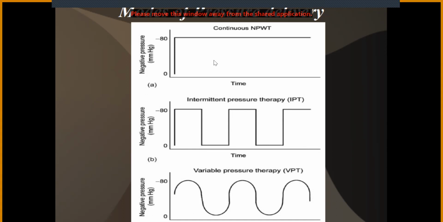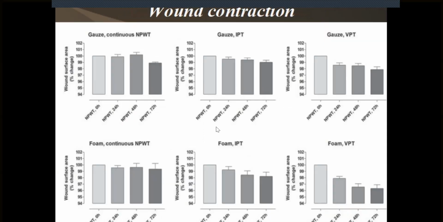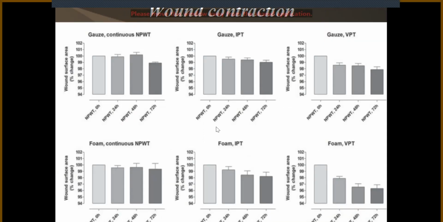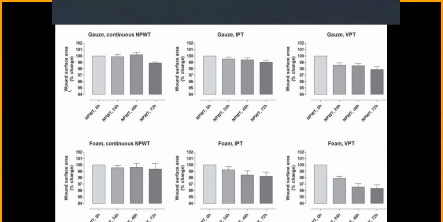So taking these three parameters and gauze and foam, we have included a few studies. Although numerous parameters were compared in these studies, I included only the important ones. First one is wound contraction.